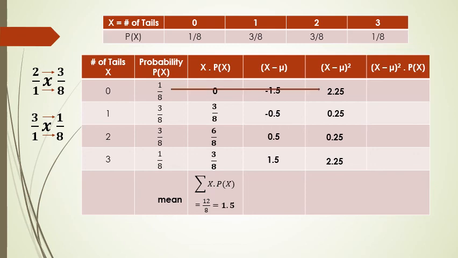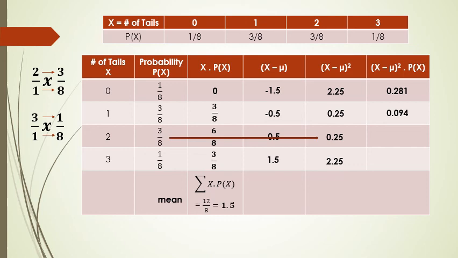Then, last column. We have the previous column times P of X. So, atong lang na siya i-multiply. You have there 1 over 8 times 2.25. Or, tuplukan ninyo ang calculator. 1 divided by 8 times 2.25 is 0.281. Then, 3 over 8 times 0.25 is 0.094.